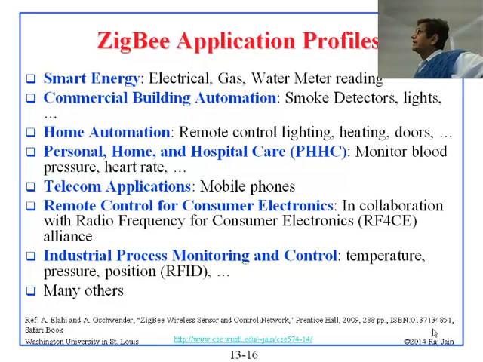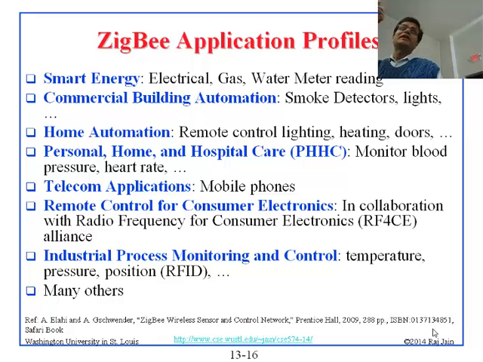Hospital care, monitoring blood pressure, heart rate. Telecom applications, mobile phones. I haven't really seen much mobile phone ZigBee, but there might be some. Remote control for consumer electronics. Recently they started this one, television remote control, etc., with radio. Previously your TV remote control worked only in the same room.